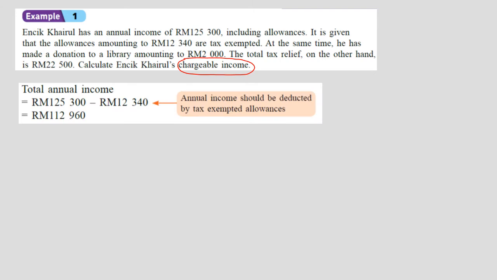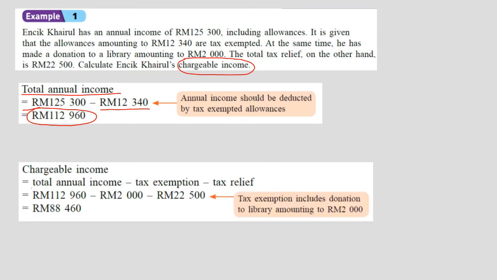Just now we have already calculated the total annual income. We minus the allowances, so this is the total annual income. So the chargeable income is total annual income minus tax exemption minus tax relief. That's what we learned from the previous slide, right?